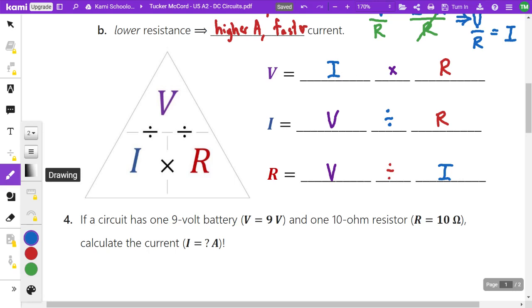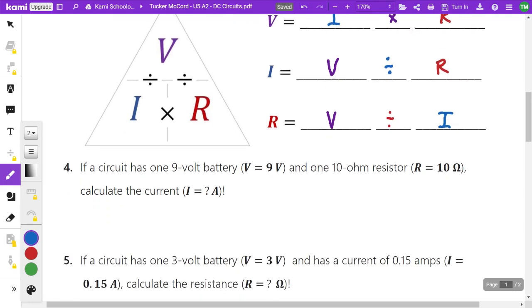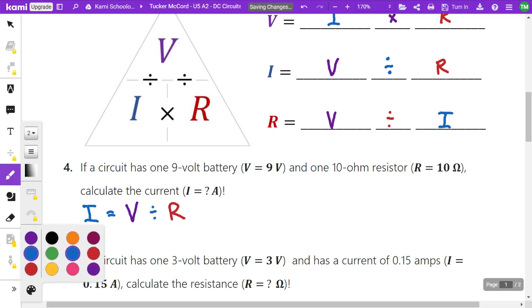So I'm going to write it out all in line. So I is equal to my voltage V divided by the resistance R. Kind of like I have my equation written up here.